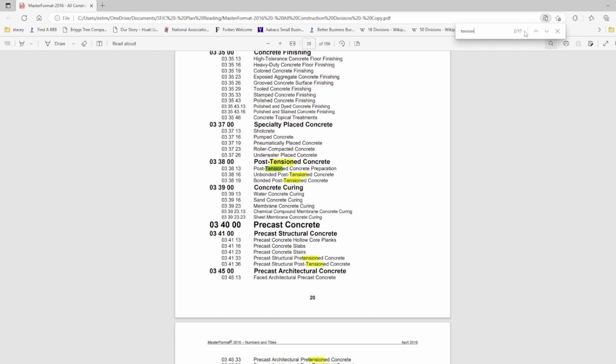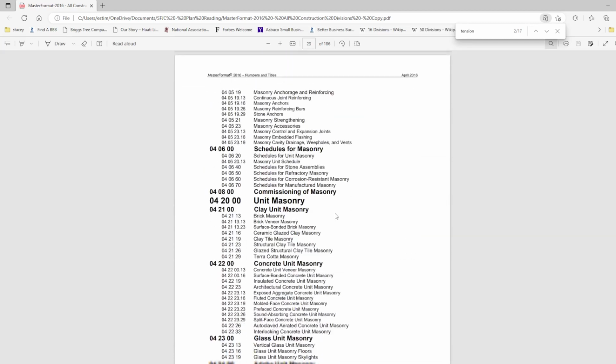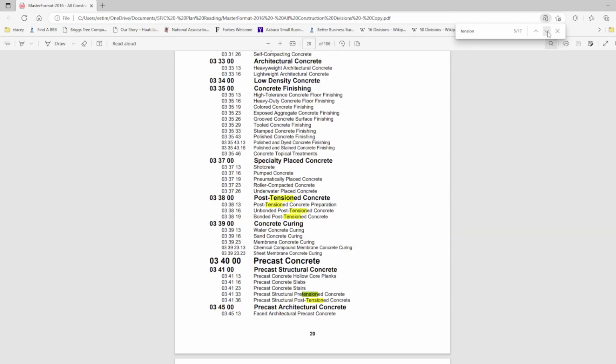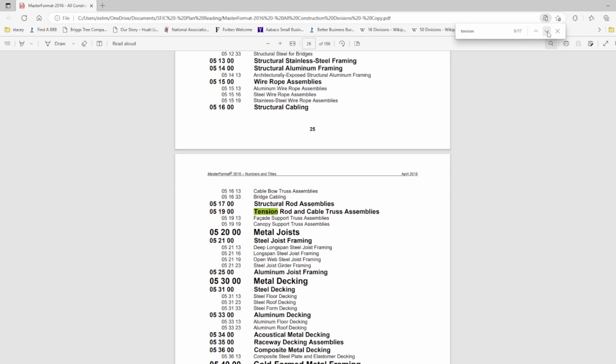That's not my favorite. But there are 17 inputs for the word tension in this master format. So precast, pretension. Let's go down and see if it talks about anything other than pre.